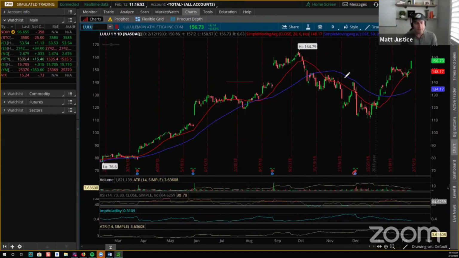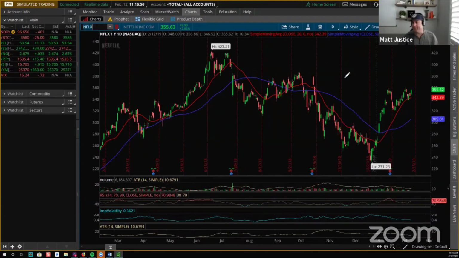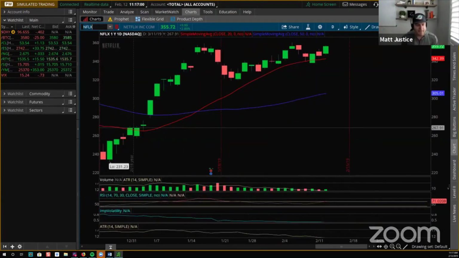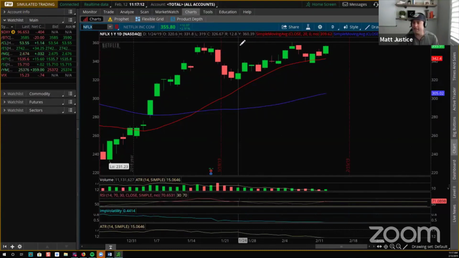Now, the aggressive entry, take Netflix, for example. The aggressive entry is to get that trigger above the breakout channel before it confirms, so that you get into it upon the confirmation, right? And so here we have a clear level of resistance right here at 360.